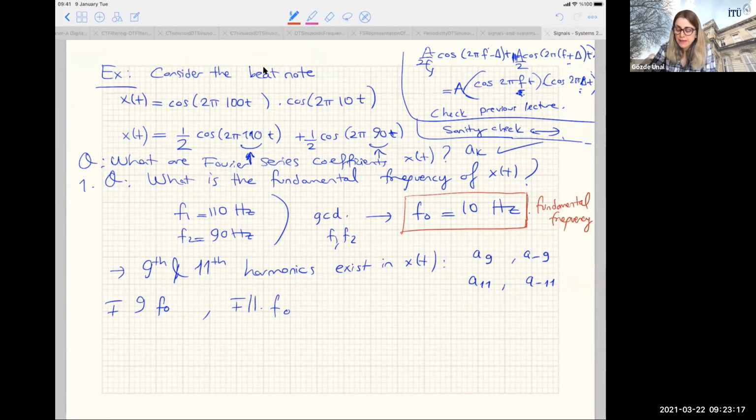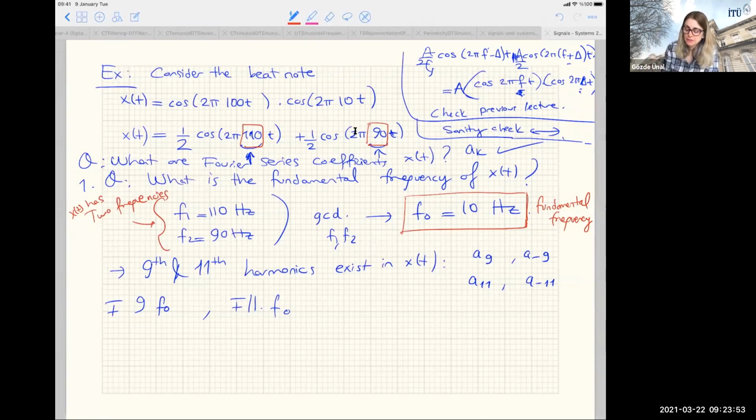So then we went to the signal and we saw what are the frequencies in this signal, because this is a cosine signal and sine the same. It's easy to spot the frequencies in the signal. I just saw two frequencies. This signal x of t has two frequencies, which are 110 and 90. And we can see actually they are 9 times f0 and 11 times f0.